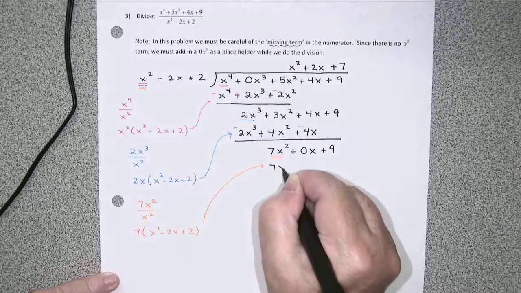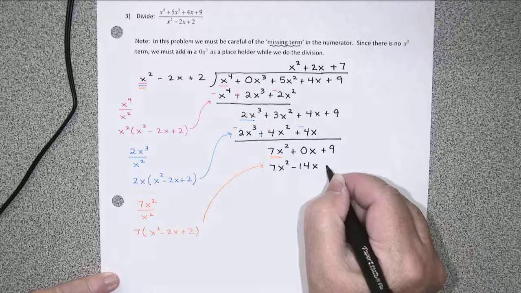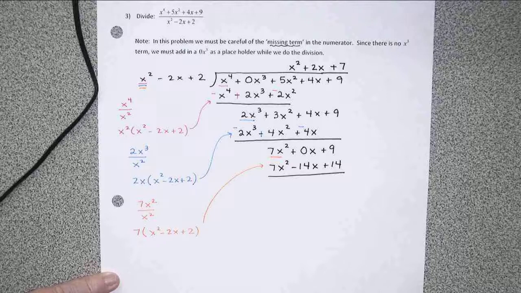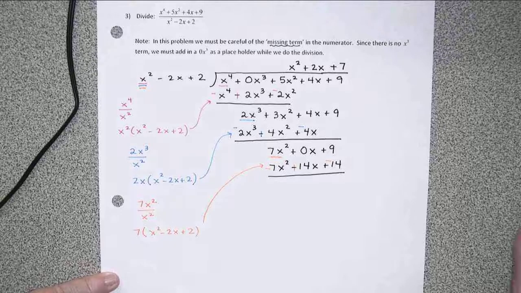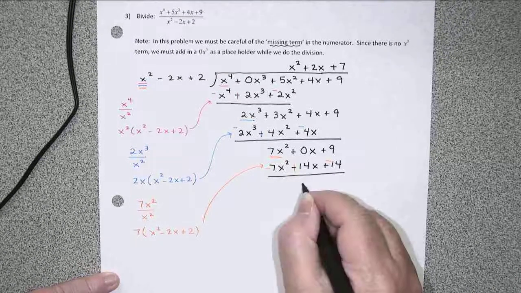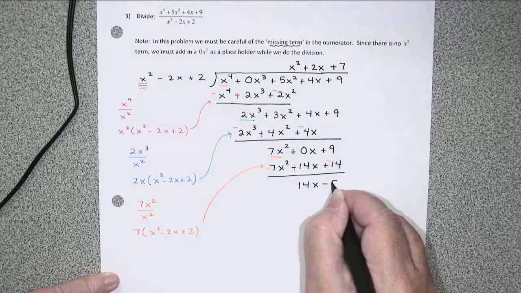That will give me 7x squared minus 14x plus 14. And subtracting one more time makes that negative, positive, negative. I have no x squareds left. I have a positive 14x and a minus 5.